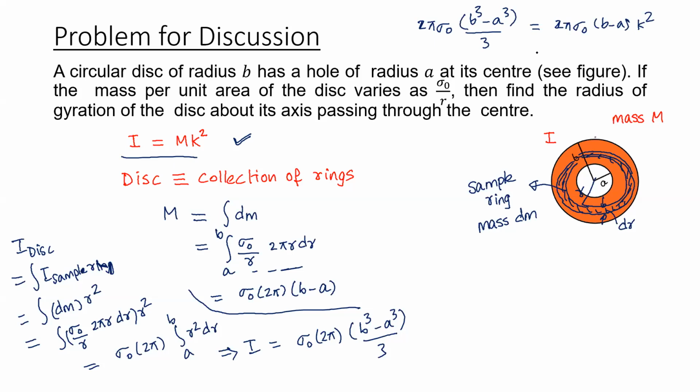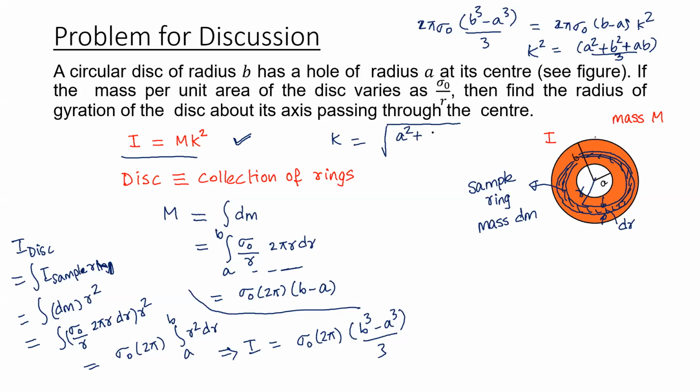This is actually very lengthy, I'll show you an easy method. So what is k square? b cube minus a cube can be written as b minus a into a square plus b square plus ab. So one b minus a disappears, and I have a square plus b square plus ab by 3. So what is the radius of gyration here? You get the square root of that. You understand better?